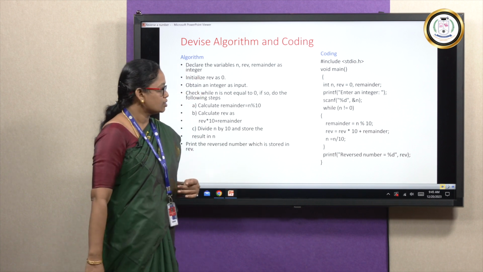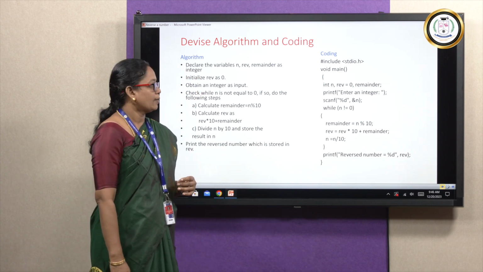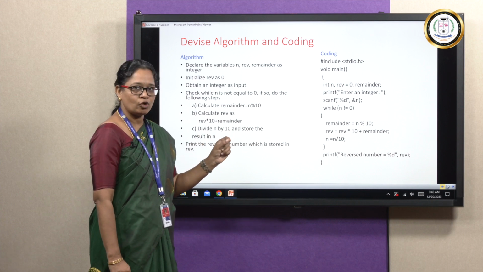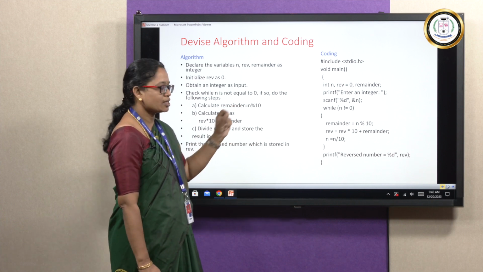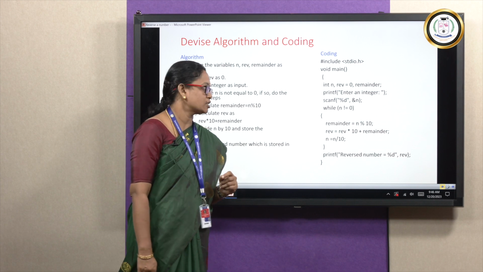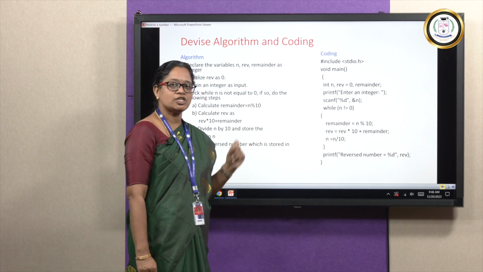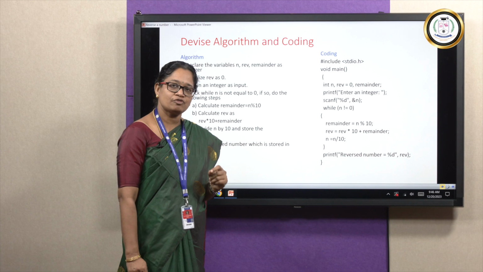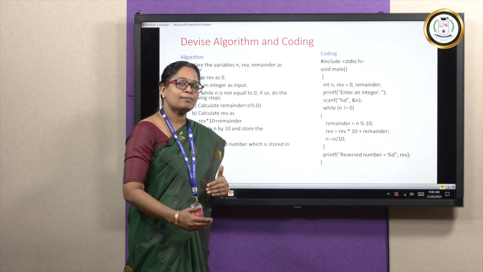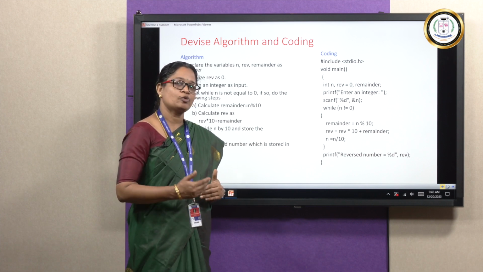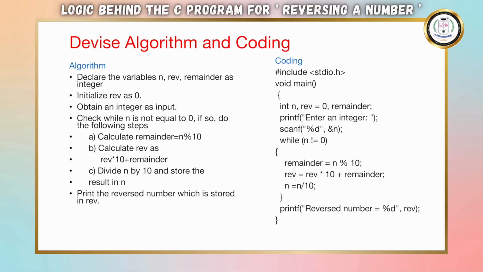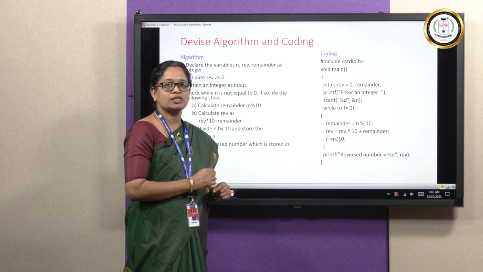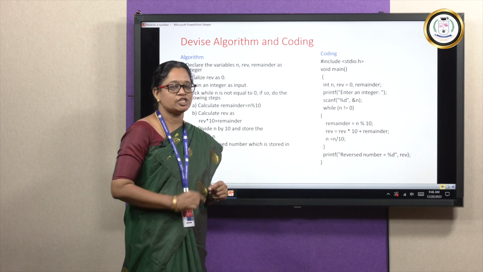The next line is scanf, %d followed by ampersand n. This is the syntax of the scanf statement. Here the %d is called a format specifier, which tells the compiler about the type of data to be scanned. Here the data, that is n, is an integer variable, so we are using the format specifier %d.